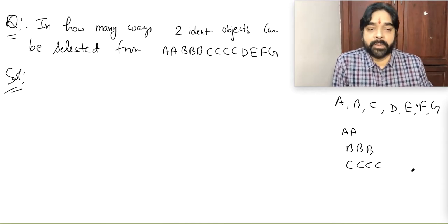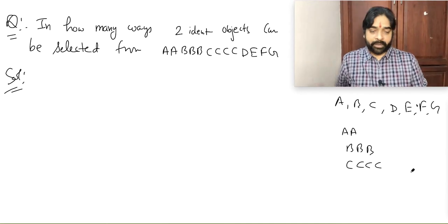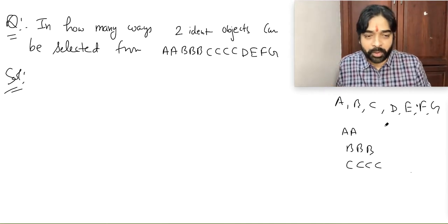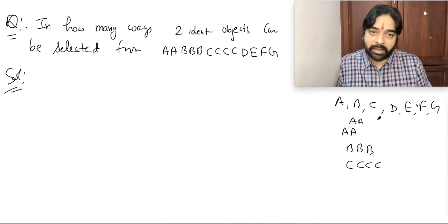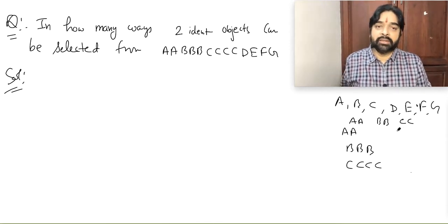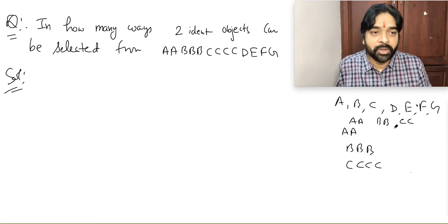Is it clear to everybody? 2 identical: either 2A can come, or 2B can come, or 2C can come. That's all. This is the only possibility. Yes or no? The answer will be 3.